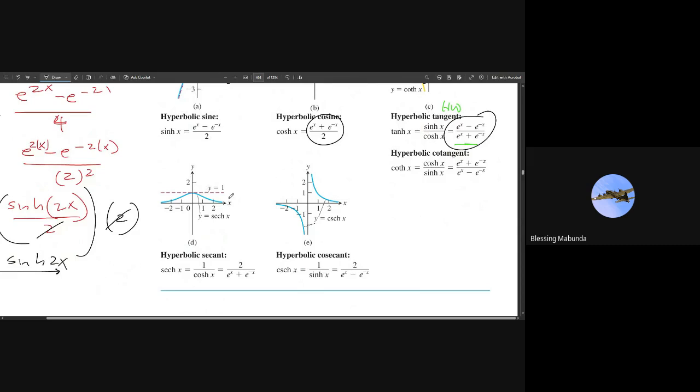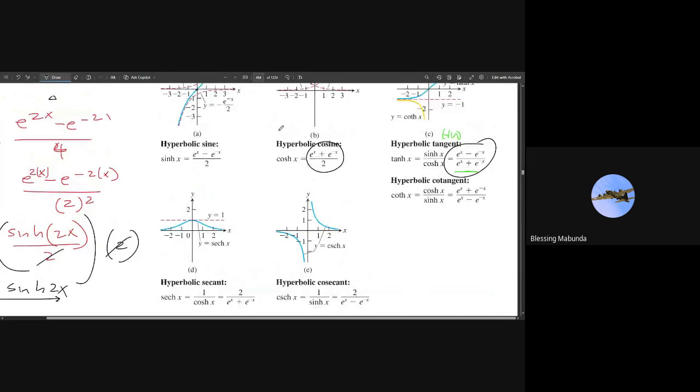In the hyperbolic cosecant here, this is the inverse of sinh. So we're going to flip this around, so the denominator is going to be the numerator and vice versa. So here what you need to do is really practice how to plot these, know it off by heart.